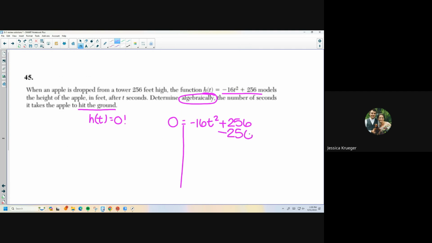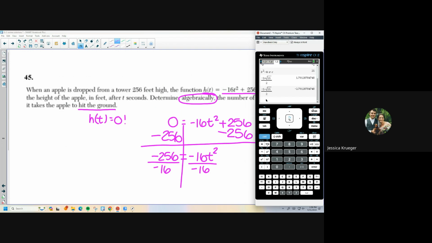I'm going to subtract 256 from both sides. Then I'm going to divide both sides by negative 16. And I get 16 equals t squared.